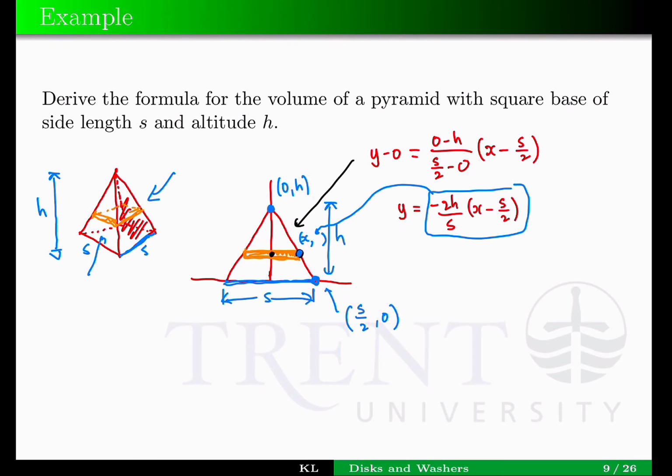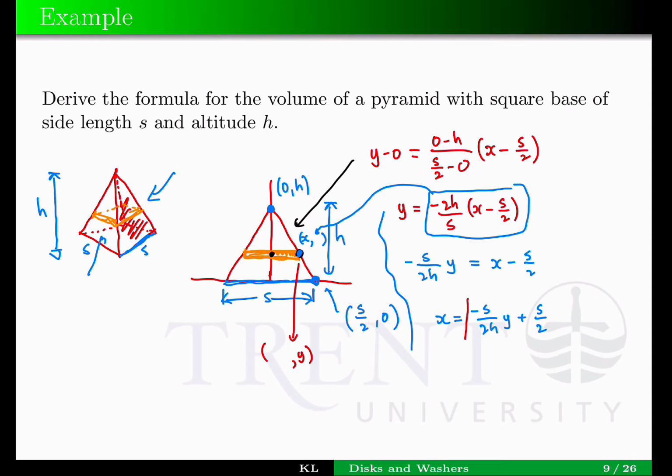In that case, let us just rewrite this. We will have from this equation, negative s over 2h times y equals x minus s over 2, or that our x will be equal to negative s over 2h times y plus s over 2, which means that the point here, instead of writing it as x comma the y value, we will write it as y in the y coordinate.